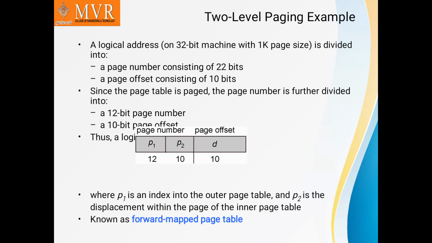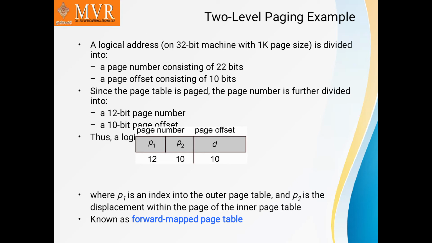The two level paging example is a logical address on a 32-bit machine with 1K page size, divided into a page number and a page offset. The page number consists of 22 bits and the page offset consists of 10 bits.